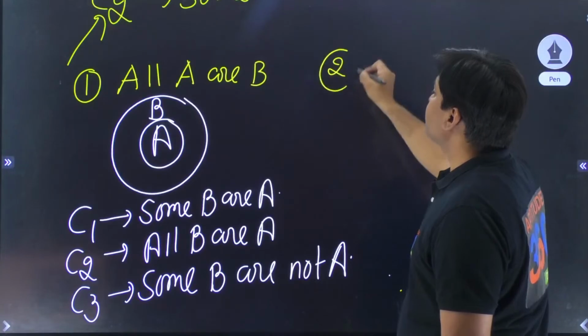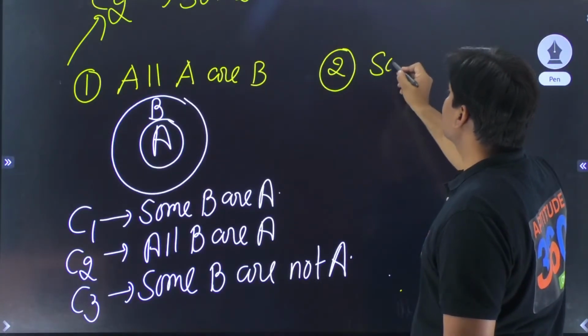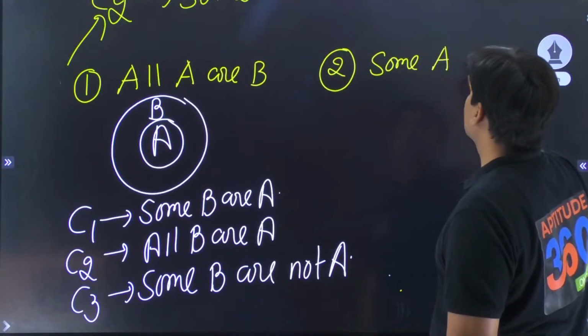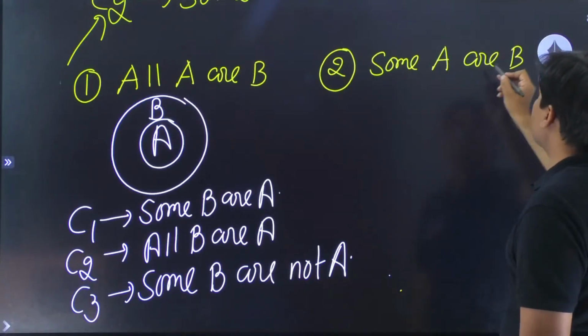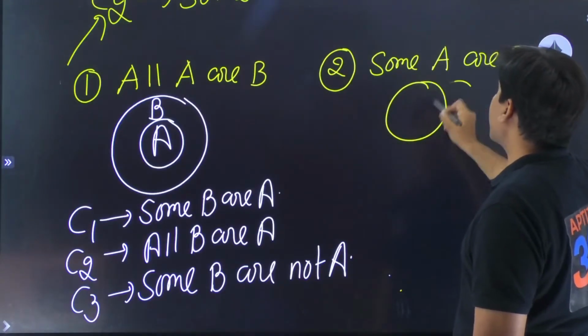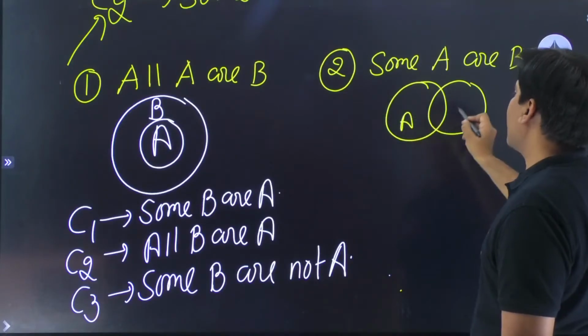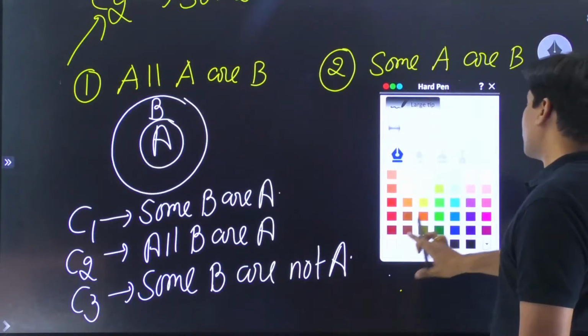And the second one. Some A are B. So this is how we should be making it. This is A and this is B. What are the conclusions out here?